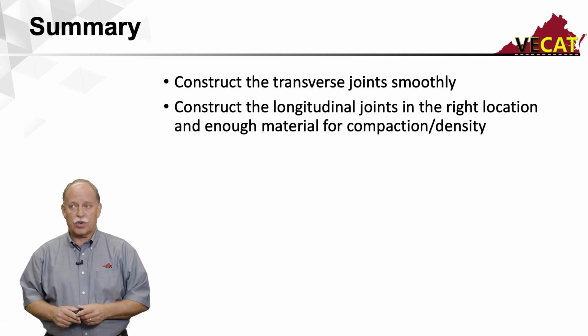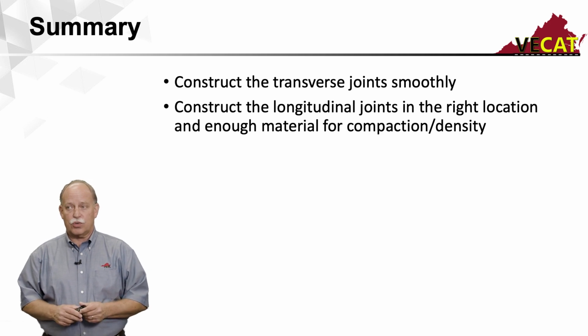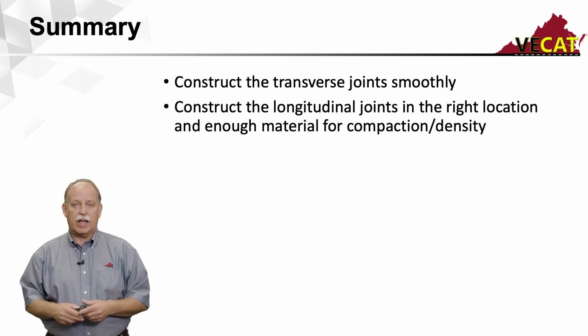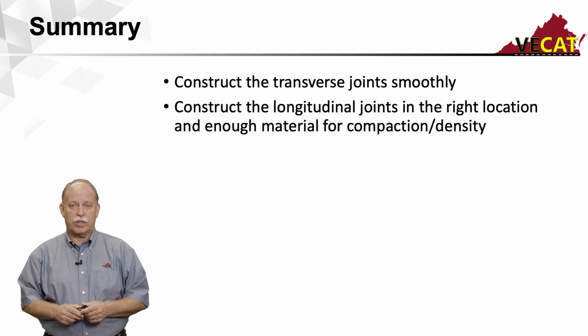So all those transverse joints must be smooth. When you construct your longitudinal joints, make sure they're in the right location and that you have enough material to get full compaction and the proper density at those longitudinal joints, and VDOT has requirements for longitudinal joint density. So take the time to look for those and ensure that you can get good quality compaction for all those longitudinal joints.